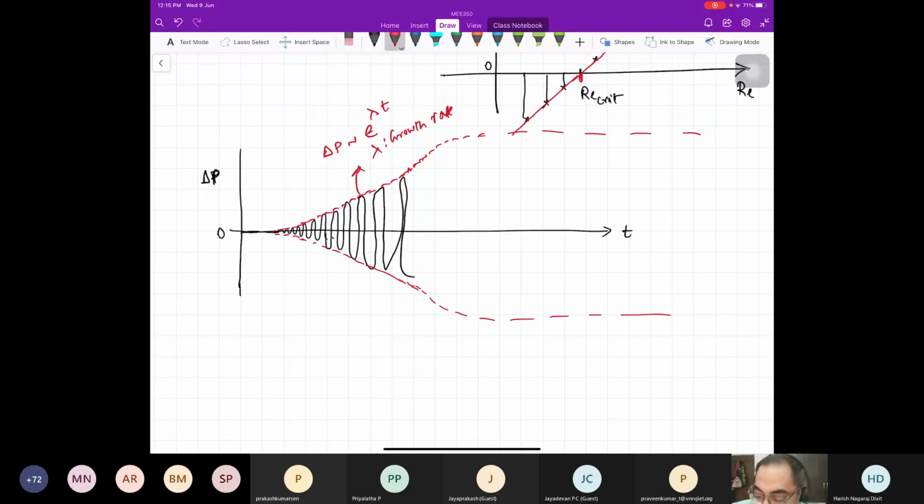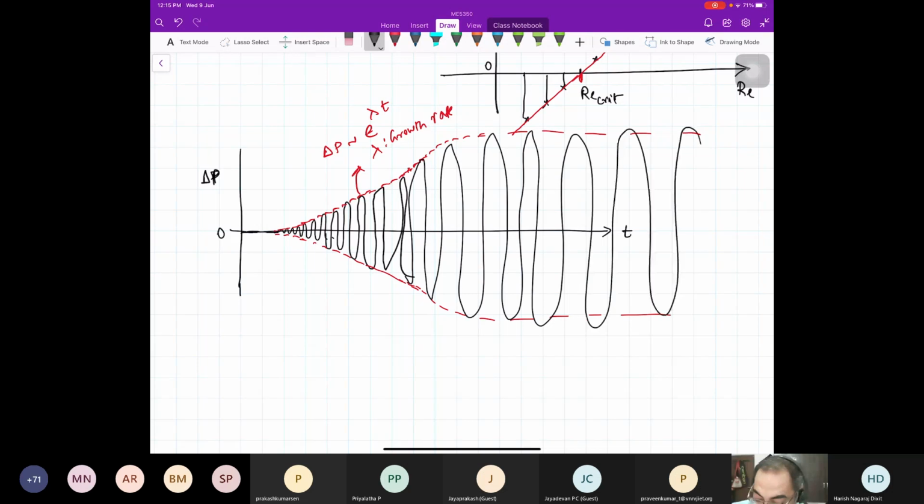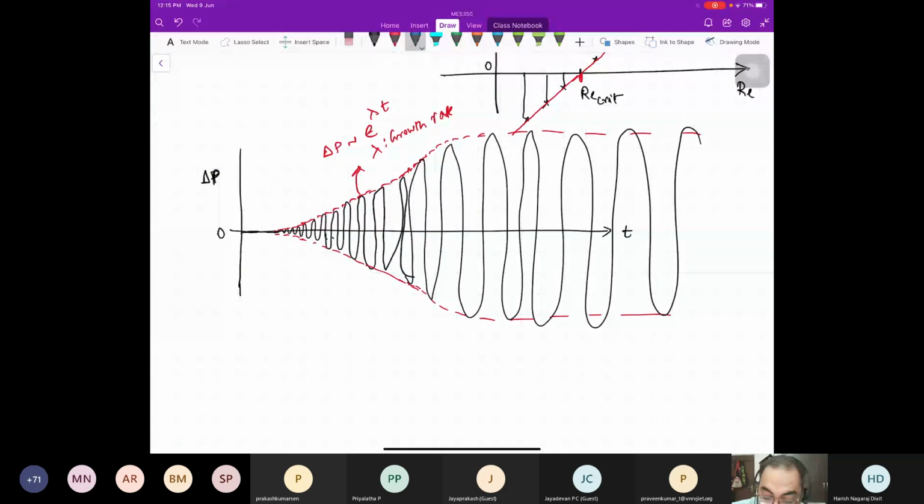It will stabilize. So you have the system. From here onwards, once it is stabilized, this region we call nonlinear saturation.